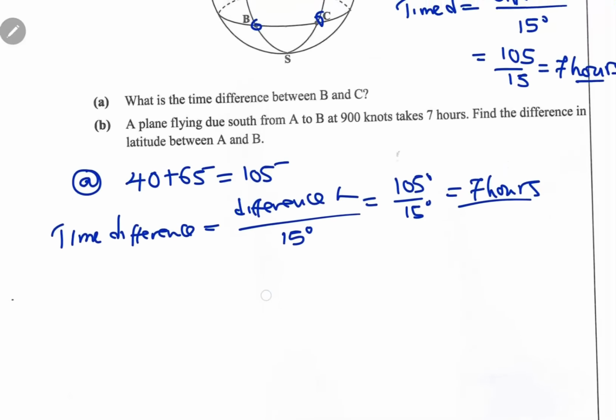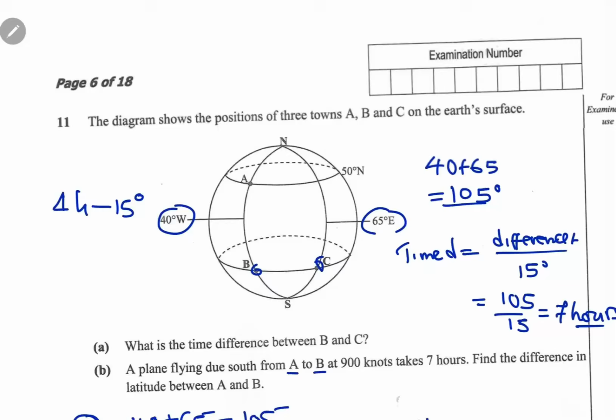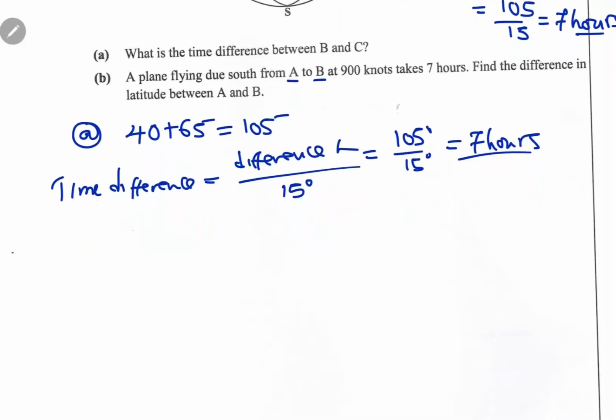Now, coming to the second question, a plane flies due east from A to B at 900 knots. That is the speed, for B, please.